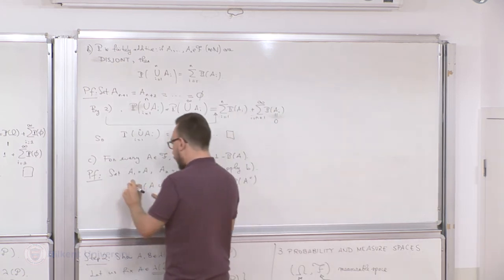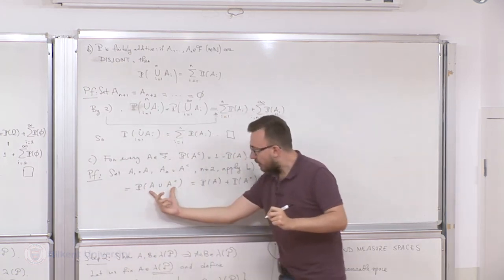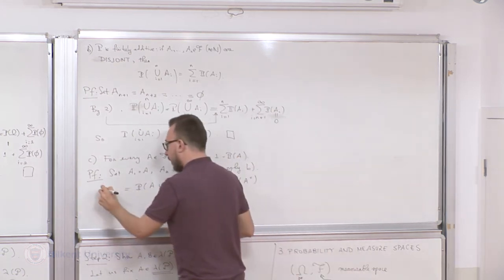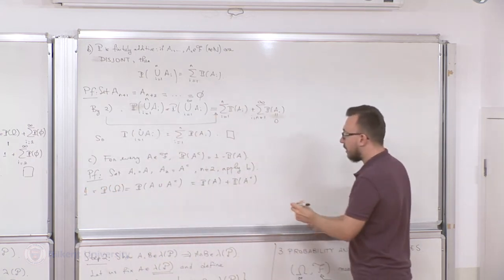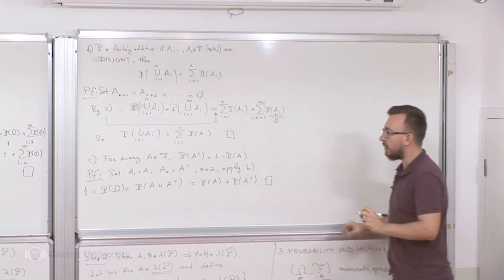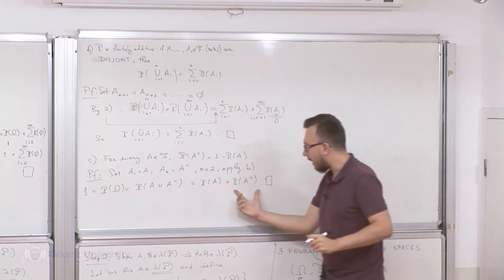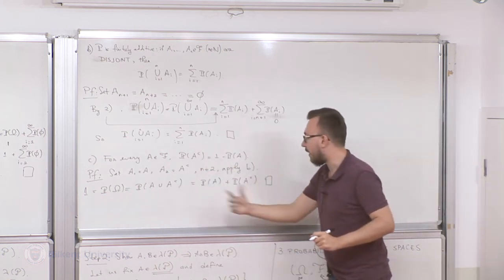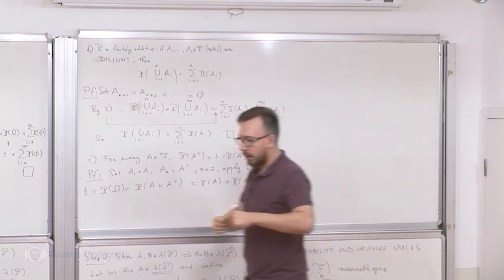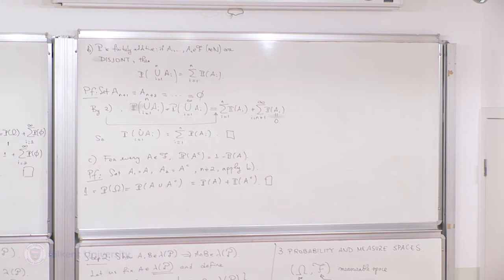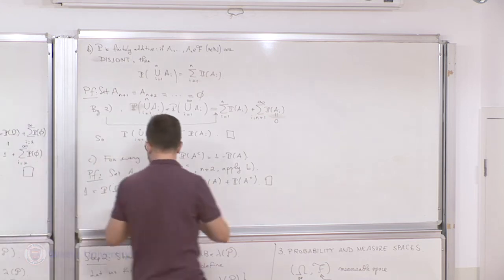But the probability of A union A complement is just the full set, which is 1. Therefore, we are also done with this property. The probability of A complement is 1 minus the probability of A. We're going to have more properties next time.